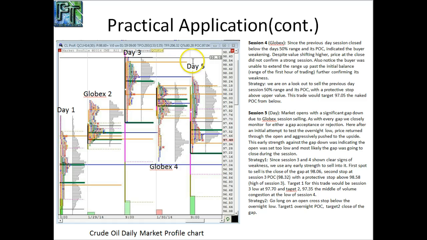When it crosses into the open, you can take an open drive long, either against the immediate low put in by the day session, or you can use the low of the overnight as a stop, and you would then target to hit 3 levels here. Number 1, overnight point of control. Number 2, close of the gap. And number 3, your upper value area. In which case, both strategies would have paid handsomely.